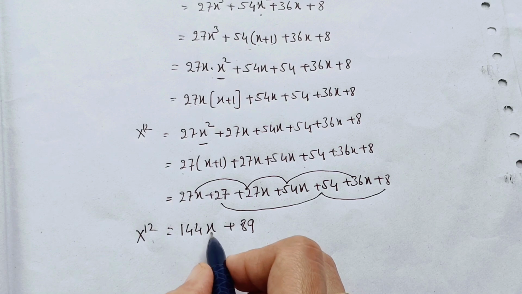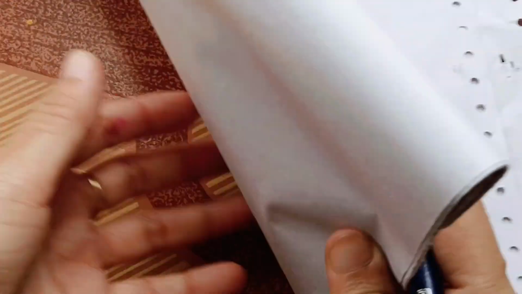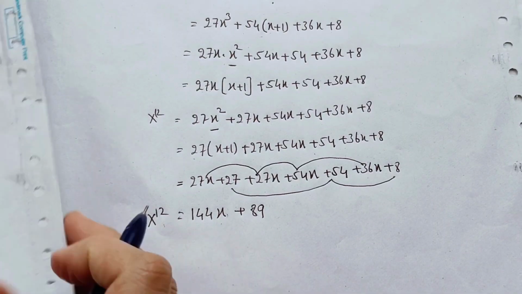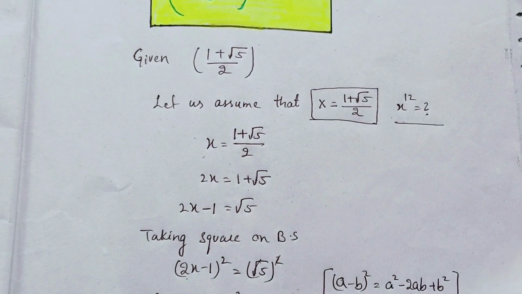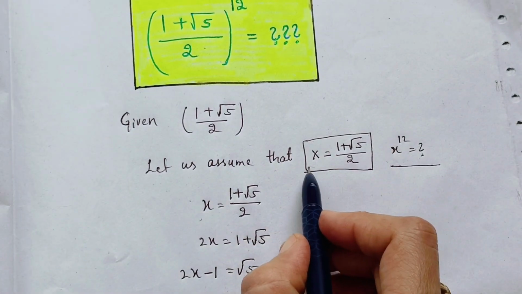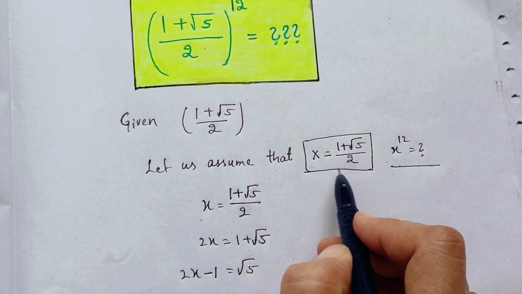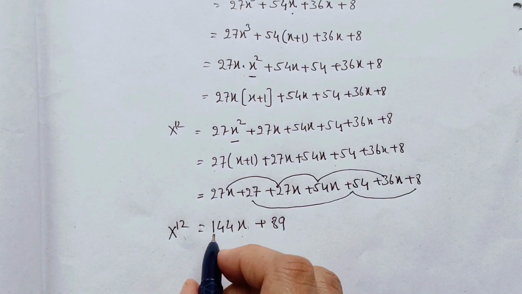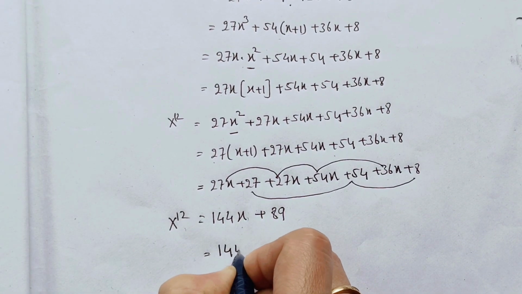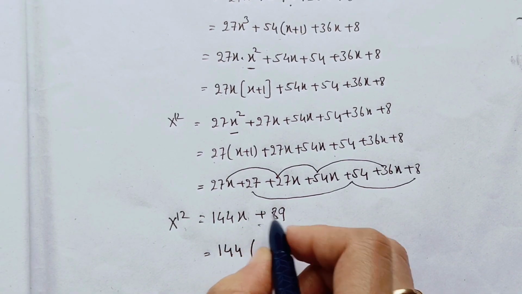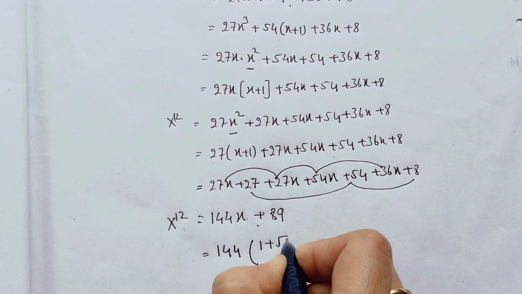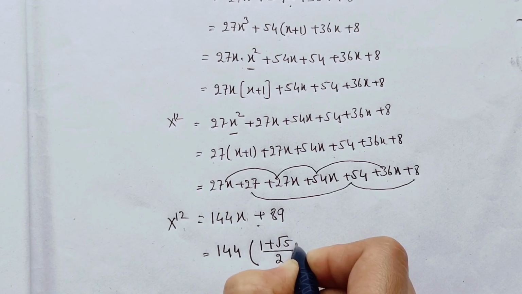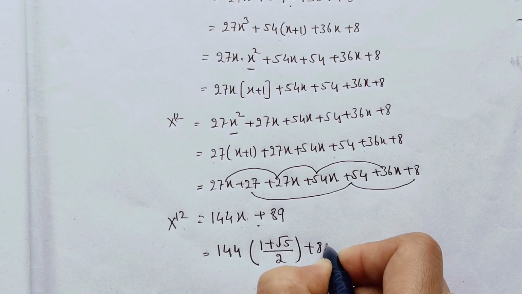So in the place of x we are going to write the value we assumed, that is 144 of, in the place of x, (1 plus square root of 5) divided by 2, plus 89.